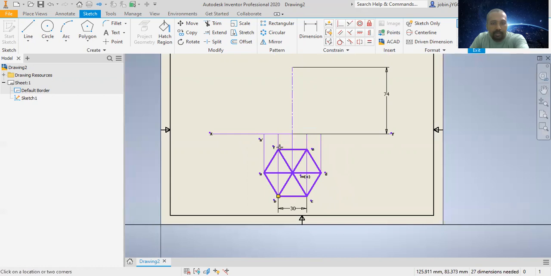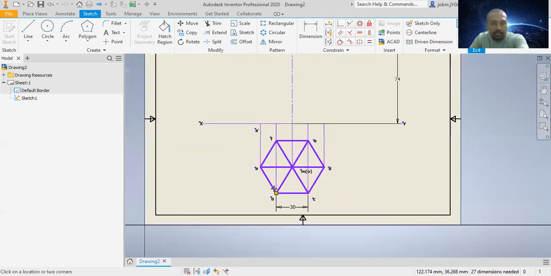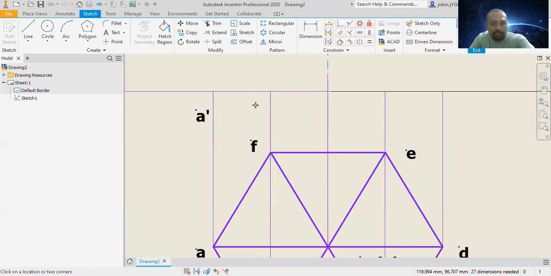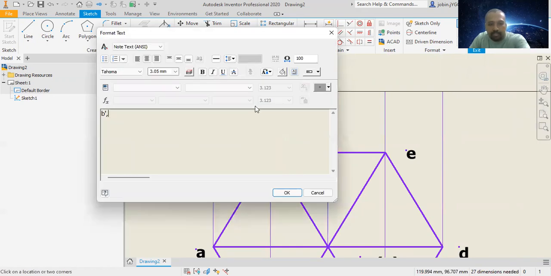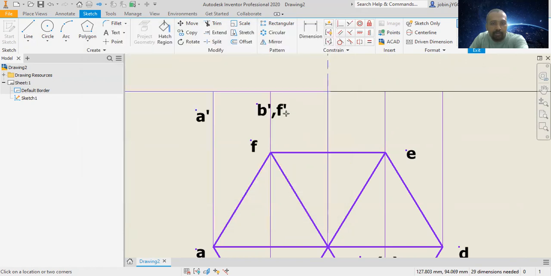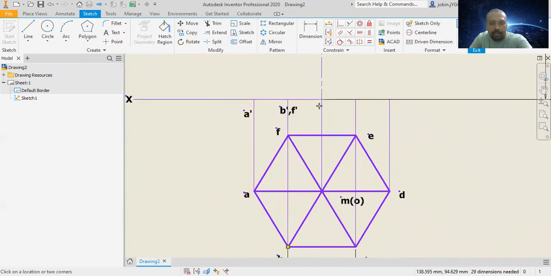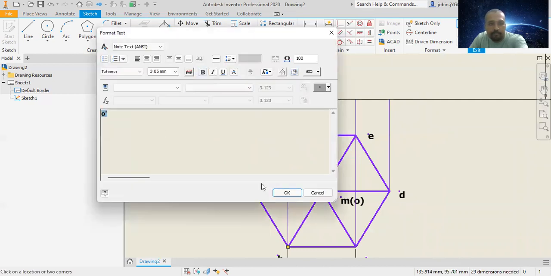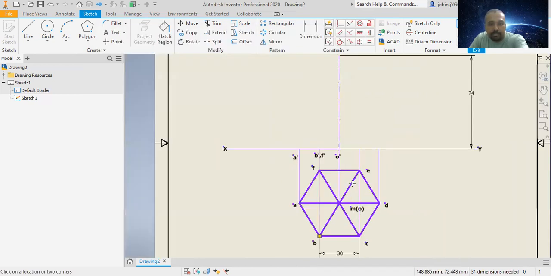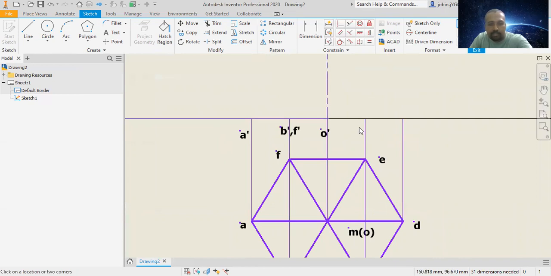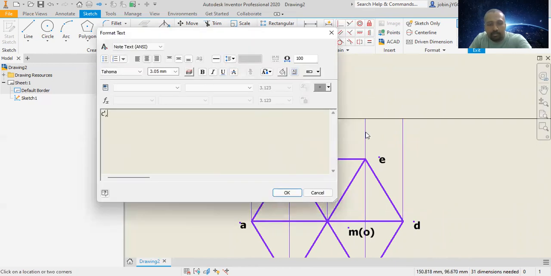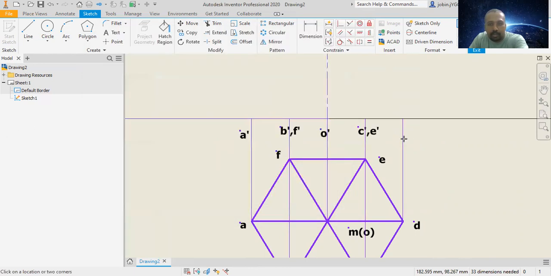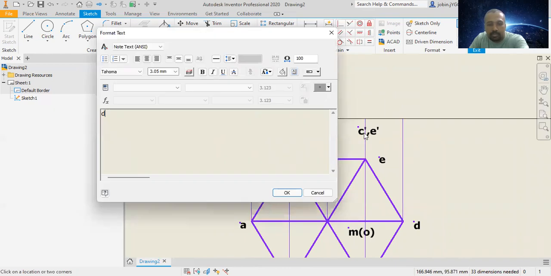Here at this point, 2 points, b and f. So you have to mark b dash, f dash. Here, this is the center, that is o dash. And here, this is c dash, e dash. And this is d dash.